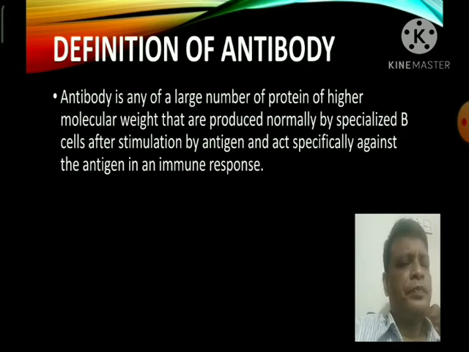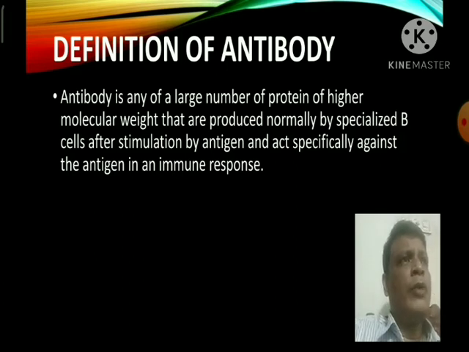The production of the antibody is done by the activated B lymphocyte. As you know, the B lymphocyte originates from the bone marrow, and maturation of the B lymphocyte also takes place in the bone marrow.